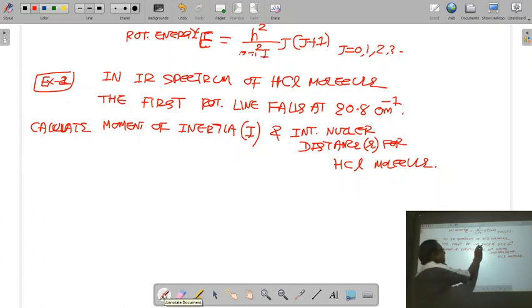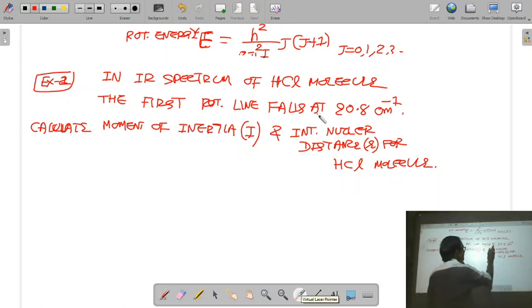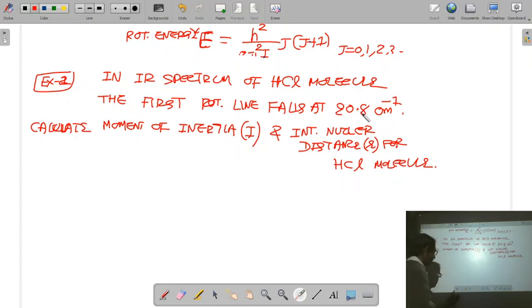The first rotational line of HCl molecule falls at 20.8 centimeter inverse, which means the wave number of the first rotational line of HCl molecule is 20.8 centimeter inverse. You are asked to calculate the moment of inertia and internuclear distance R of the HCl molecule. Okay, so let us move to the solution.